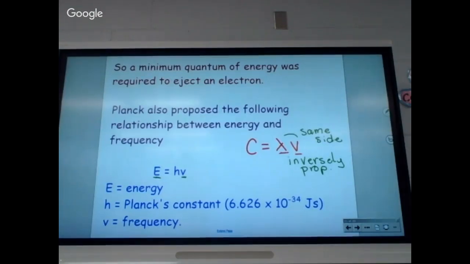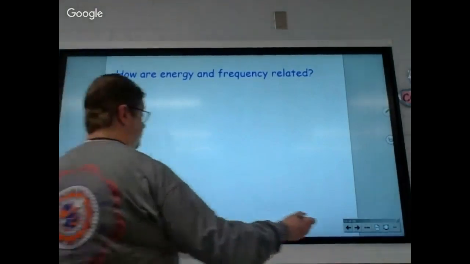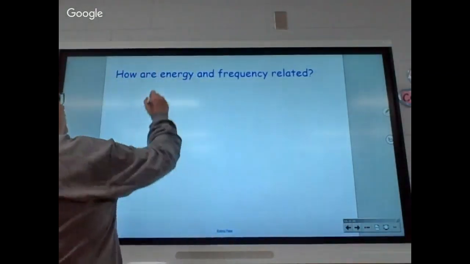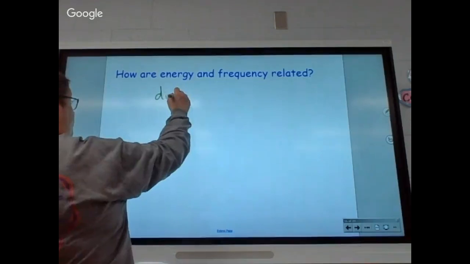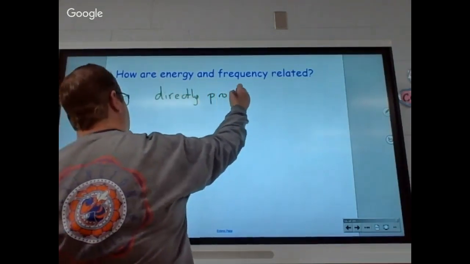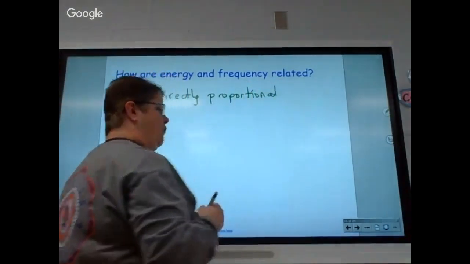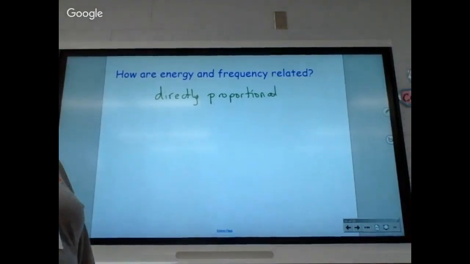What's the J S? Joules per second. Joules per second. All right, so what did we just say about energy and frequency? How are they related? Inversely. No, we didn't. They're hand in hand this time. So they're directly proportional. So what happened yesterday when we said inversely? If one went up, the other went down.